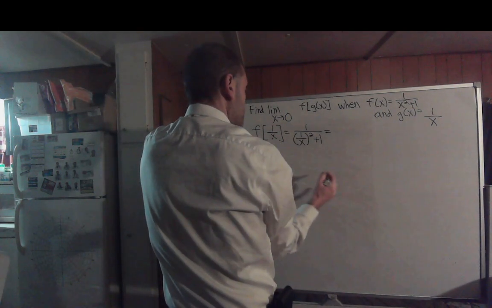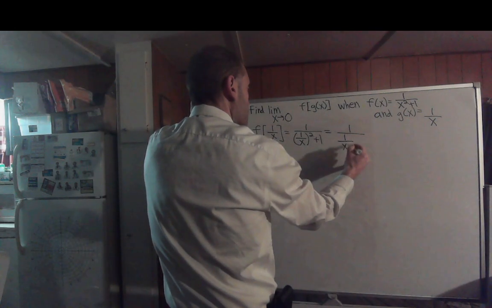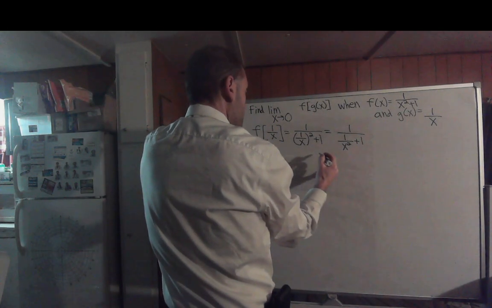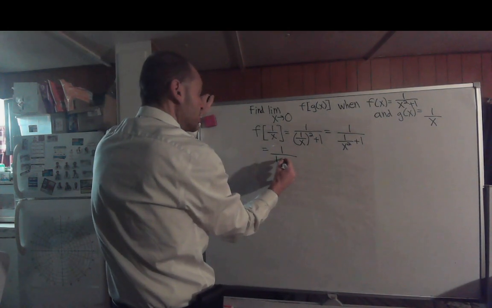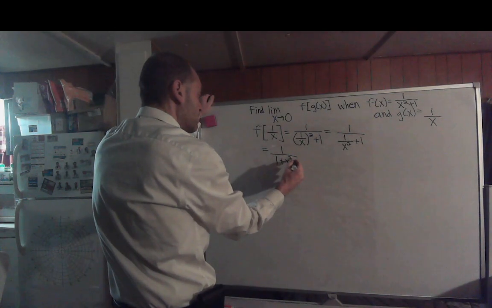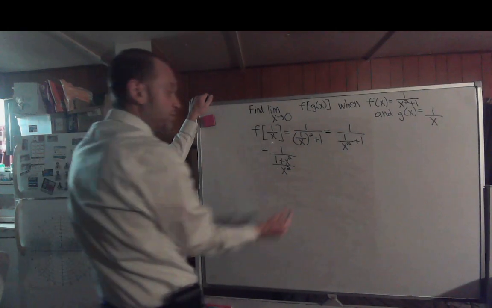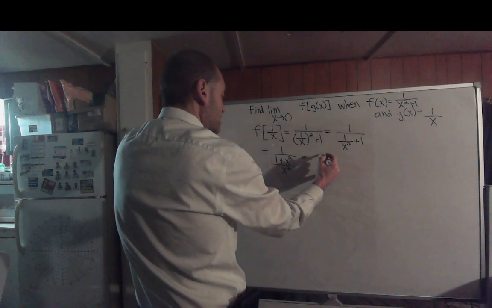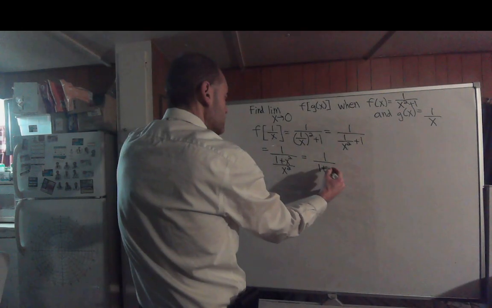Well, that's going to end up being 1 all over 1 over x squared plus 1, which would simplify further into 1 all over 1 plus x squared all over x squared. Now we have a complex fraction. We just invert and multiply. You would end up then getting 1 over 1 plus x squared.